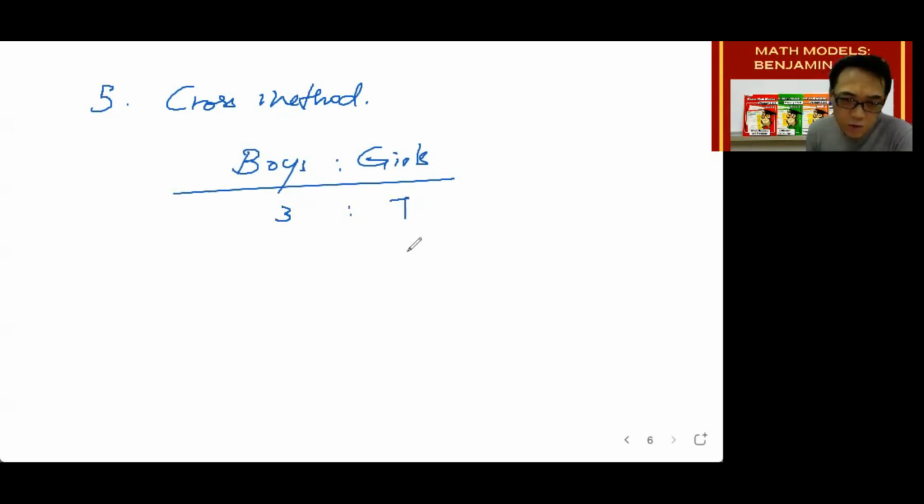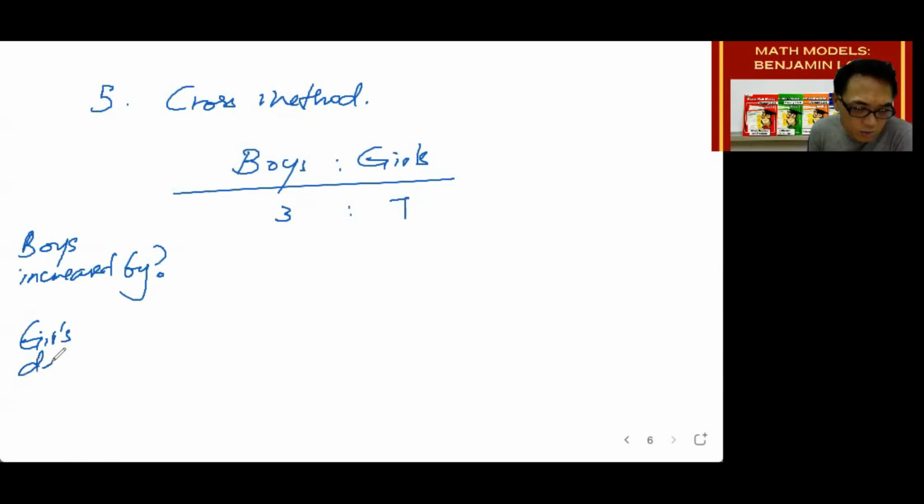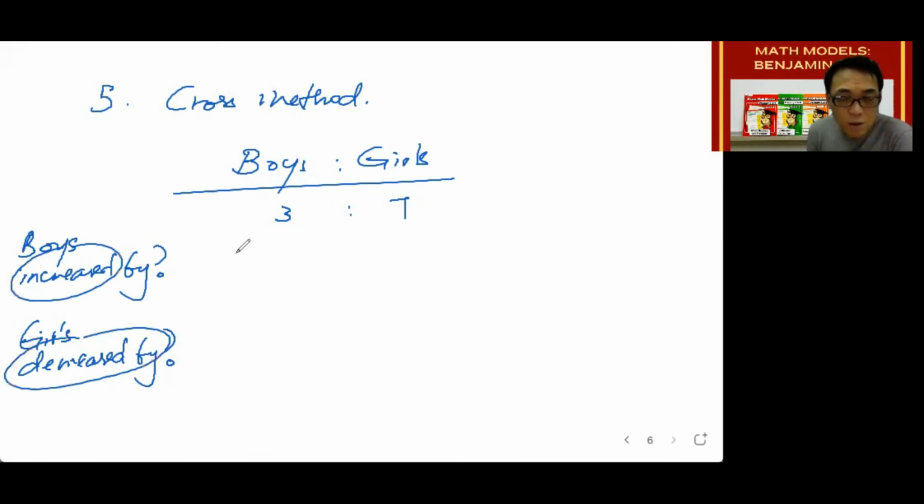And then I tell you that the number of boys increased by a certain number, and the number of girls decreased by a certain number, as long as these two numbers are not the same, then we use the cross method.